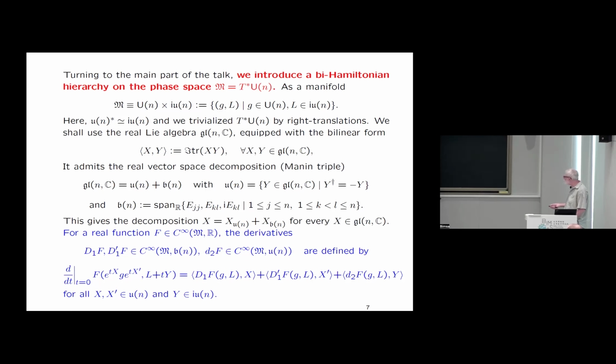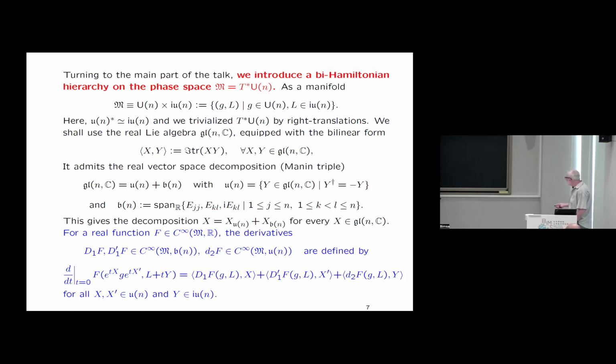This is notation. The first variable is group valued. So this formula here defines the left derivative and right derivative with respect to the first variable, and these derivatives are B_N valued, or Borel valued, the dual of the U_N Lie algebra.